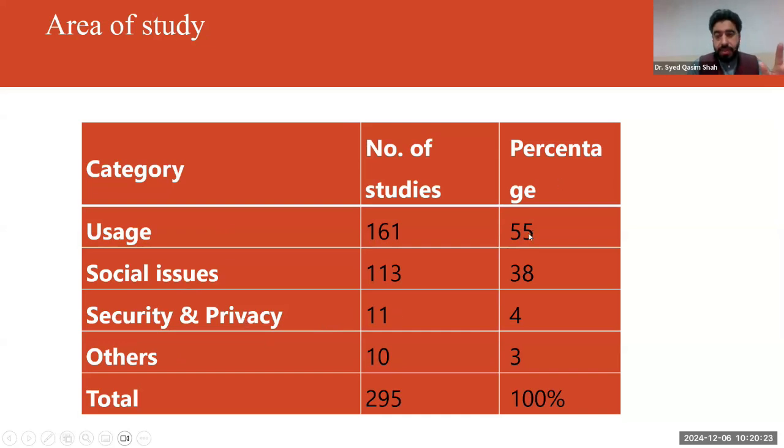And we have a certain percentage: out of 100%, 55% of social networking research is based on the usage of social media, or the usage of social networking by students, and so on. This area of study will give you a very brief understanding of whatever has been done in the past literature.